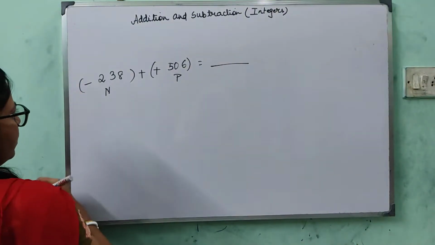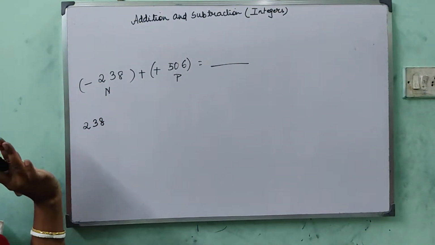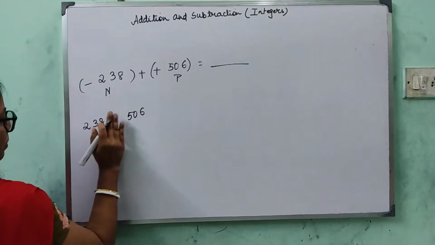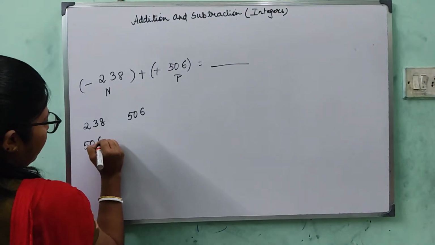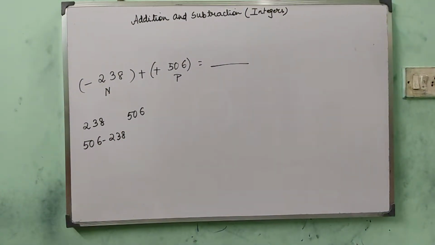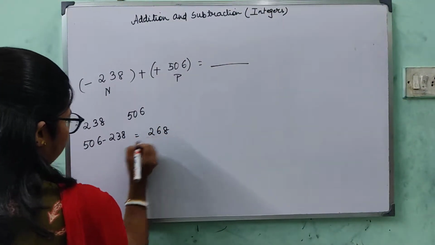So what is the rule we will use? I will just bring out the two numbers. 238 is one number, 506 is the other number. So subtract them. That is 506 minus 238. If I subtract 506 and 238, I get 268. Yeah, let's check.